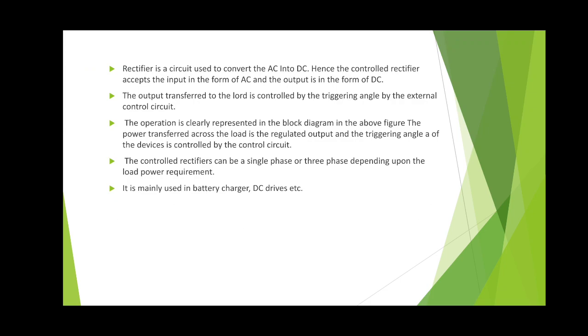A midpoint rectifier is also referred to as a center tap rectifier, where it uses a transformer having a center tap secondary. A bridge rectifier is a full wave rectifier constructed without using a center tap transformer, and the SCRs are connected in the form of a bridge.